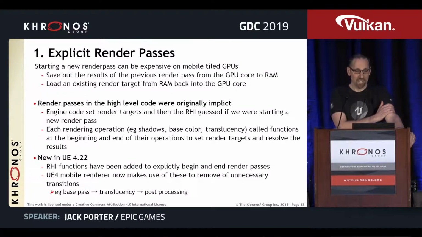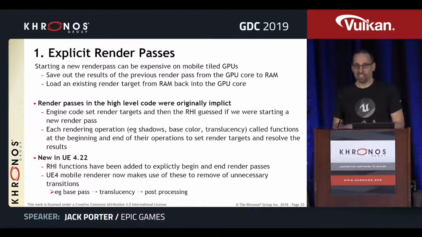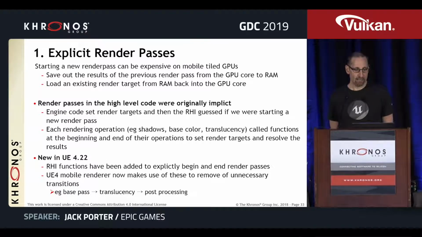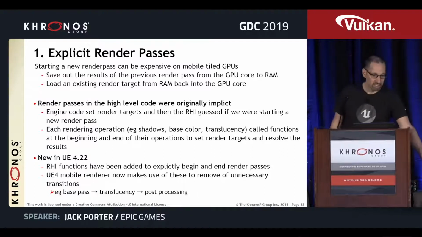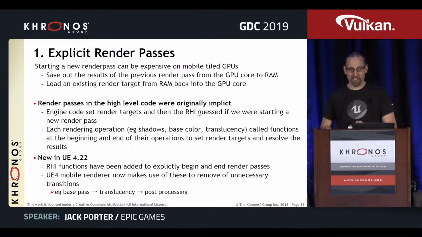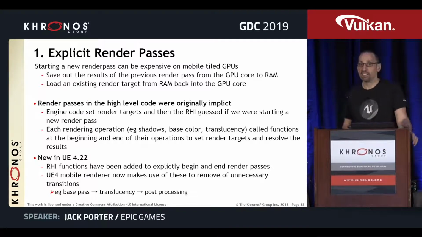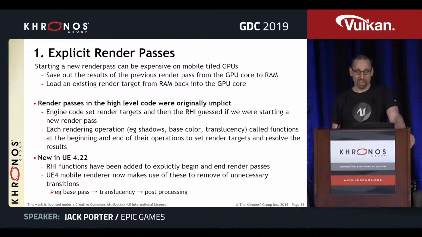So for render passes, Unreal Engine used to simply inform the graphics API RHI layer when it needed to set a new frame buffer or set a new render target, and then the RHI would have to guess whether or not it's going to need a new render pass. We had some flags there that we would try to convert into the usage masks for the render targets, but we've recently refactored the high-level code to explicitly set render targets, render passes.